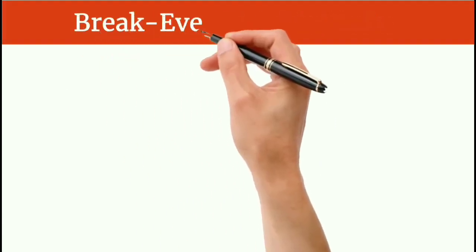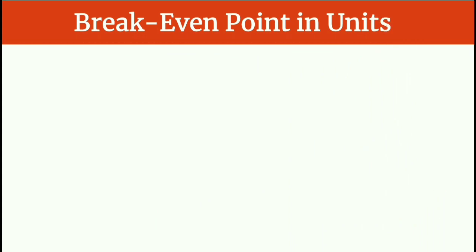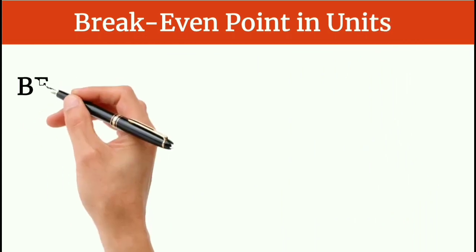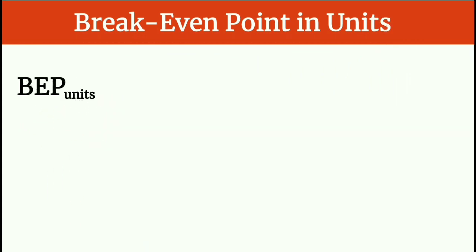Next, break-even point in units. Ano ba yung ibig sabihin ng break-even point in units? Kapag sinabing break-even point in units, ilang units ba yung dapat na mabenta para hindi magkaroon ng profit and at the same time para hindi magkaroon ng loss?